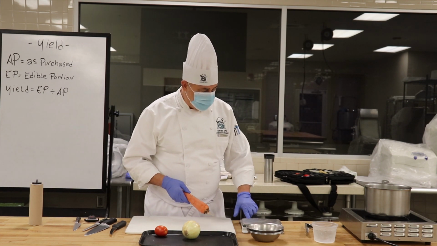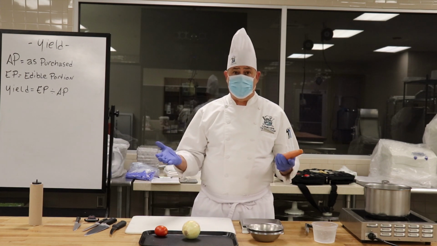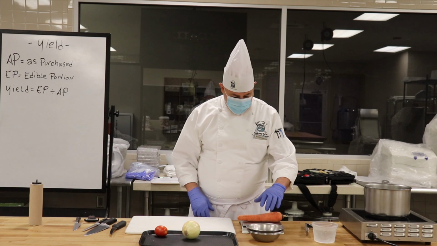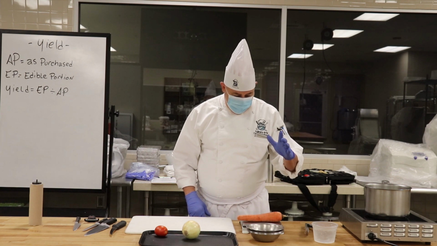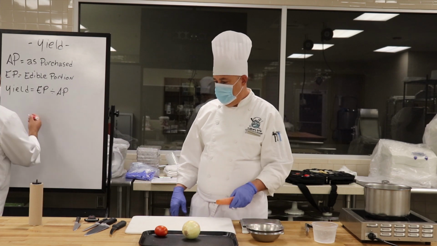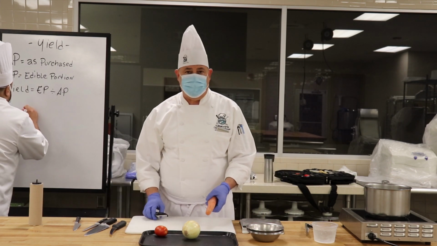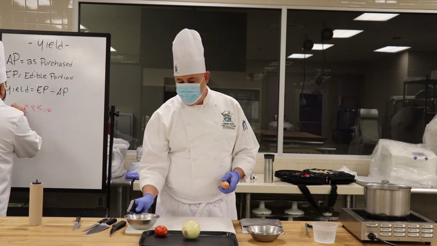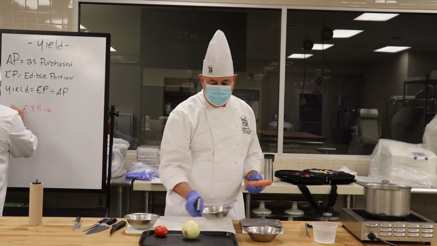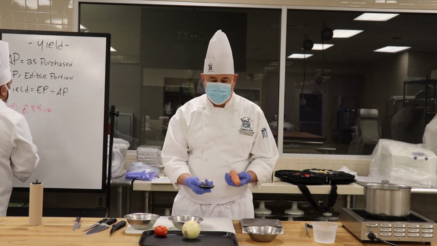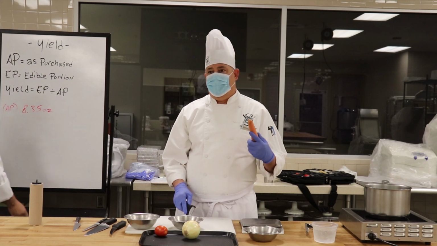All right. So I'll turn on my scale, and I'm going to weigh this carrot. That carrot weighs 8.35 ounces, and Chef Diaz is helping me with the whiteboard. Okay. So it's really important to weigh everything that you fabricate and that comes off of this product for yield testing.